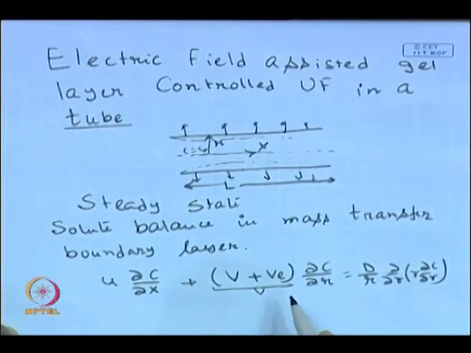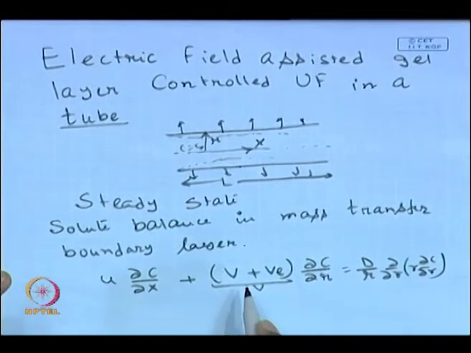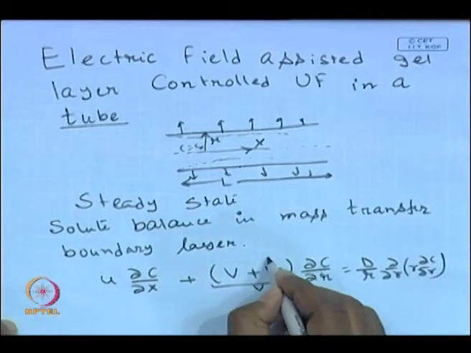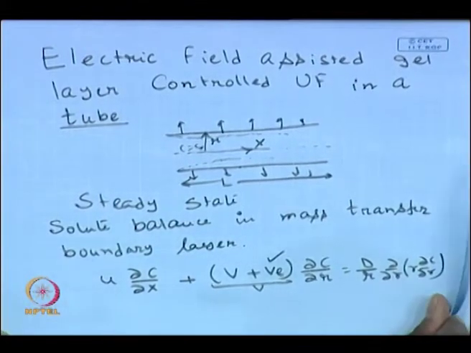Now, the velocity will have two components. One will be the electrophoretic velocity, another will be the relative velocity. Now, the electrophoretic velocity can be related to the electrophoretic mobility.